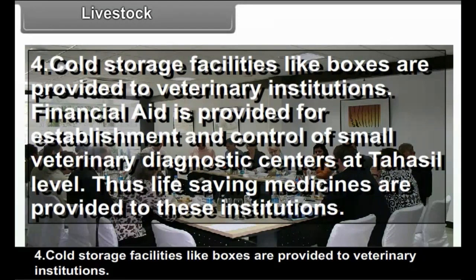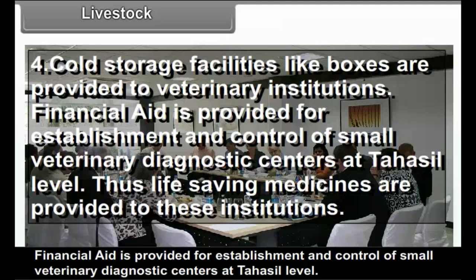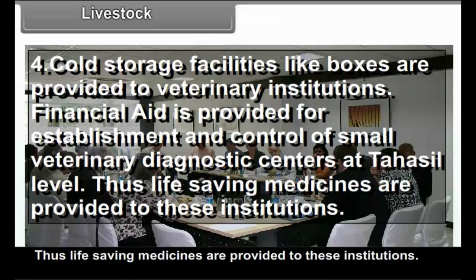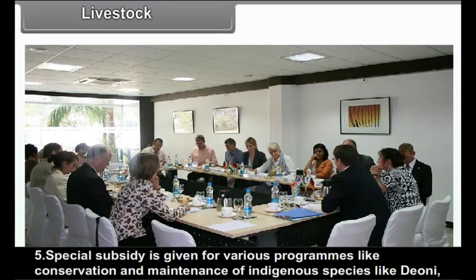Number 4. Cold storage facilities like boxes are provided to veterinary institutions. Financial aid is provided for establishment and control of small veterinary diagnostic centers at Tahsil level. Thus, life-saving medicines are provided to these institutions.